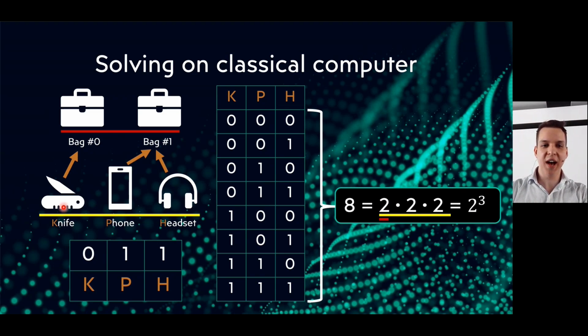But you also have 3 items, so you just choose 3 items. That's why you have 3 number 2s. And to make it easy, you can say, okay, 2 to the power of 3 is exactly 8. So you can write it in another way. Okay, 3 items, 2 conditions is 2 to the power of 3, which is 8, because you have 8 possibilities. This is really important that you understand that. Okay.